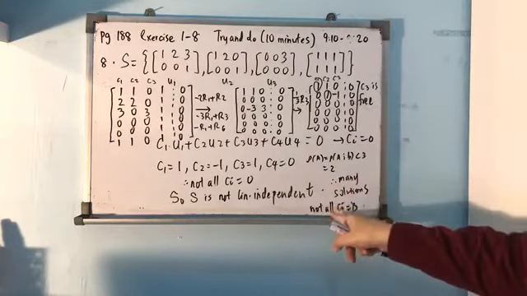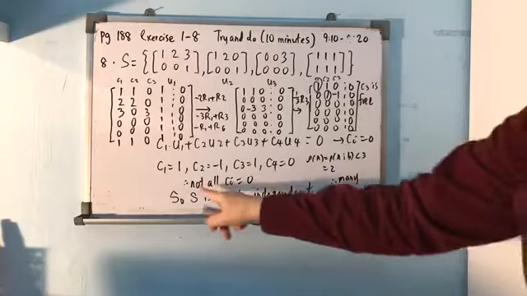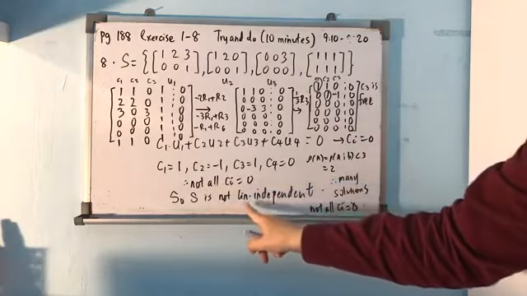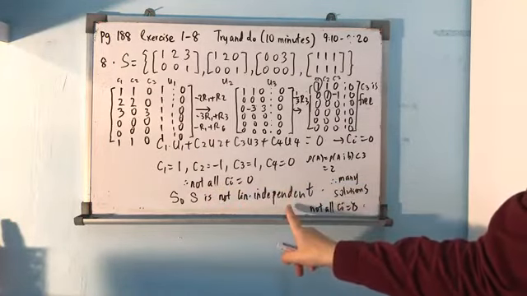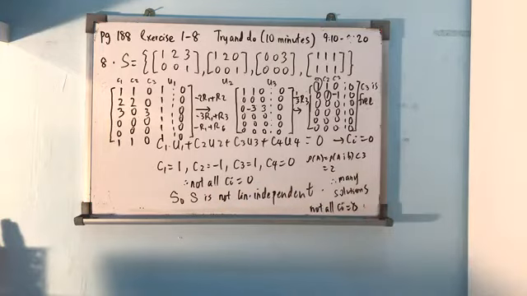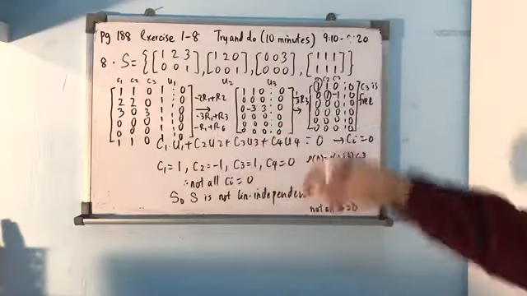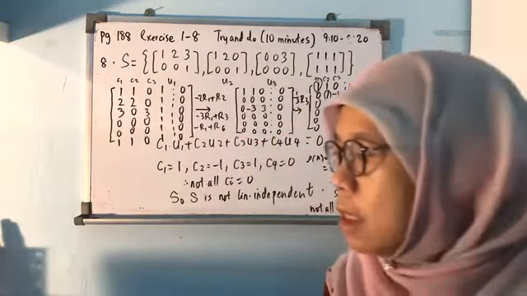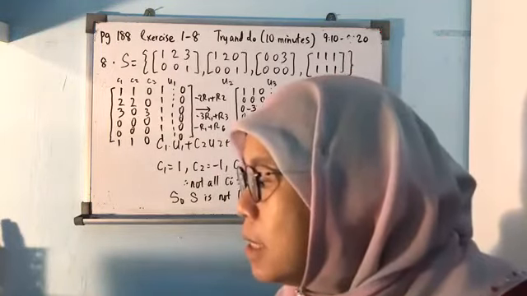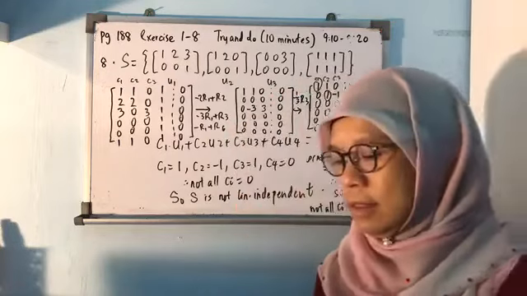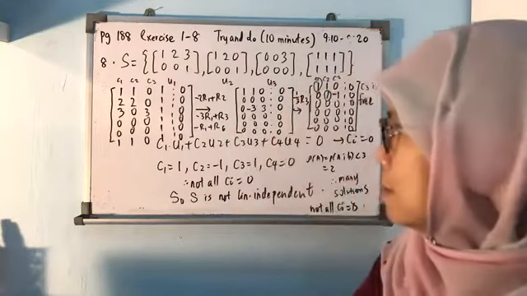So if not all Ci is 0, you back to here, S is not linearly independent. Okay, long way compared to short way, kan? Alright. So I think this is pretty clear. Clear kan? Okay.